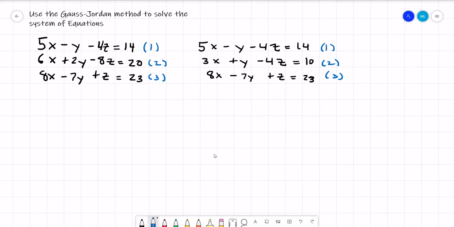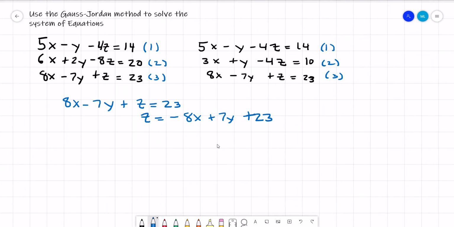The next thing I would like to do is look at equation 3. Again, this is really just preliminary, and it's more or less just a trick. Let's take 8x minus 7y plus z equals 23. We solve for z, and we want to know what we get from there. If we solve for z, we get z equals negative 8x plus 7y plus 23.